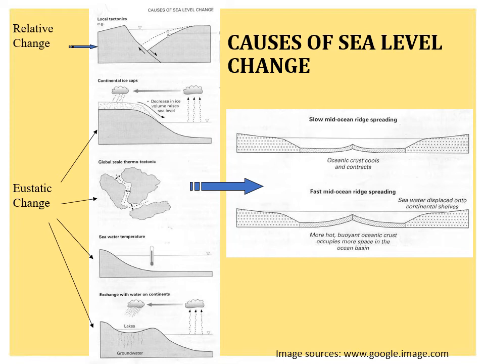When there is more tectonic activity, more tectonic fragmentation, plate separation, or when seawater temperature increases, water becomes lighter, so more volume of water will be there. And lastly, exchange with water on continents, if all the continental trapped water is going to the ocean water.